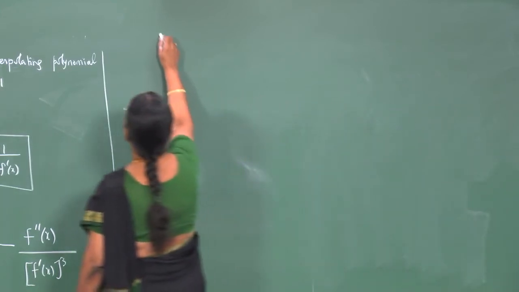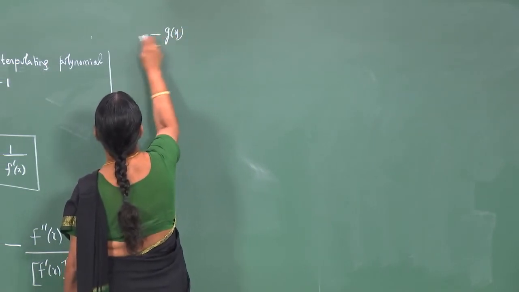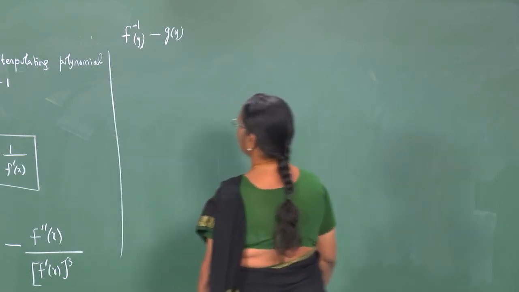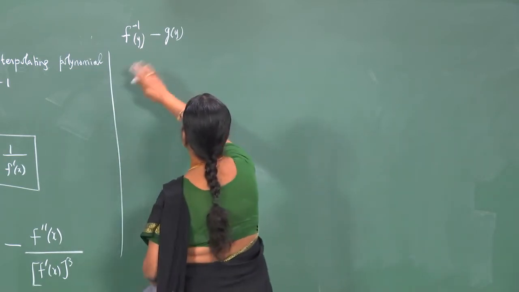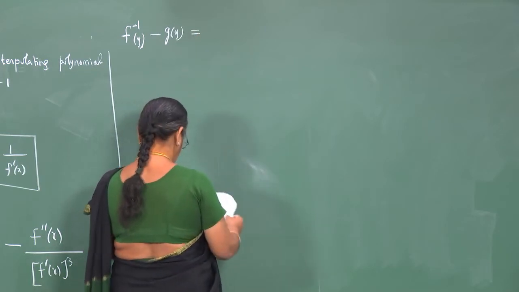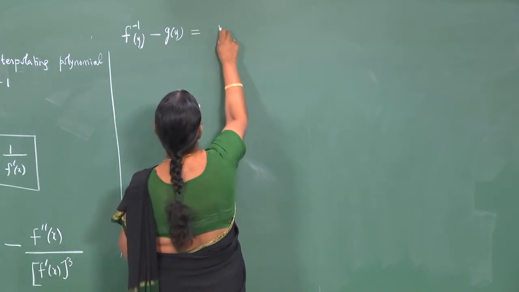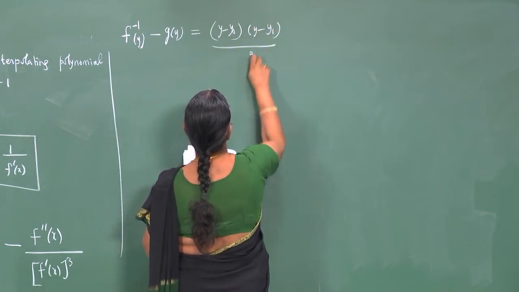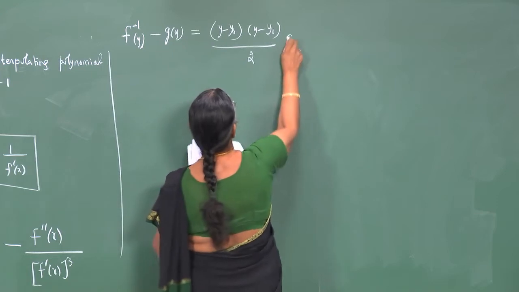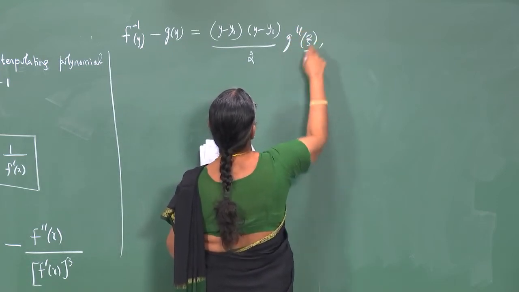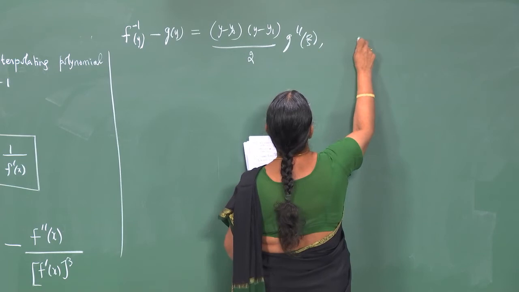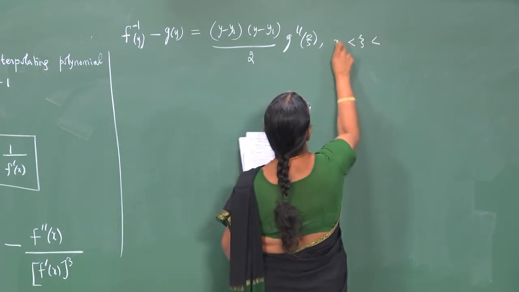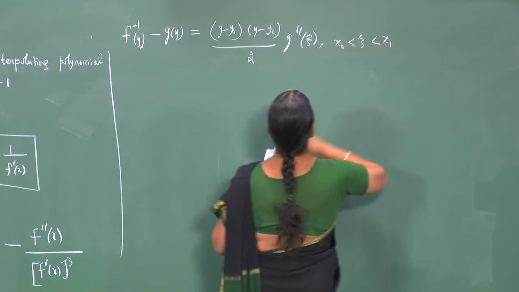So, if g of y interpolates the function f inverse in some interval, then the error in interpolation is given by y minus y naught into y minus y1 by factorial 2 into g double prime at psi, where psi lies between the interval x naught to x1.